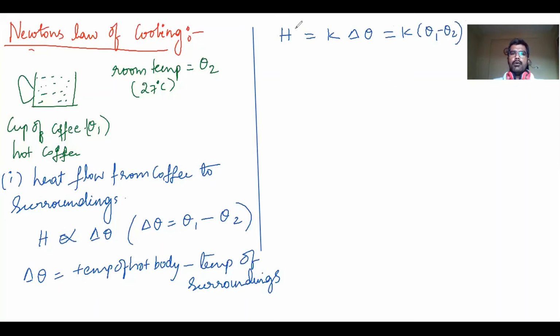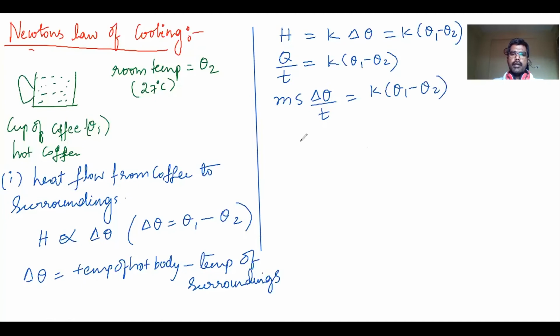Now what is this H written as? H is equal to Q divided by time taken T, which is equal to K into θ1 minus θ2. And this Q can also be written as M S into delta theta, divided by T, which is equal to K into θ1 minus θ2. Now I can write delta theta divided by delta T is equal to K divided by MS into θ1 minus θ2.